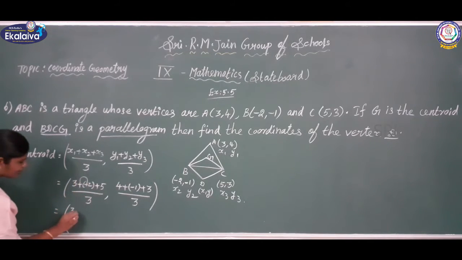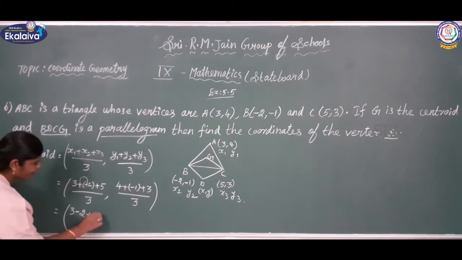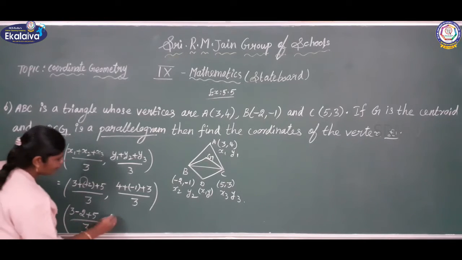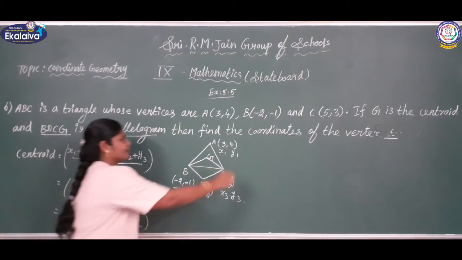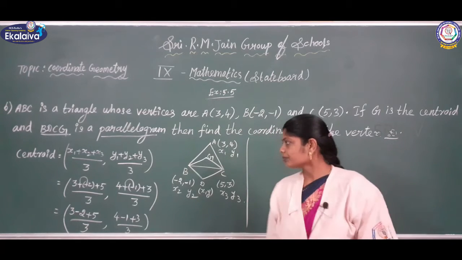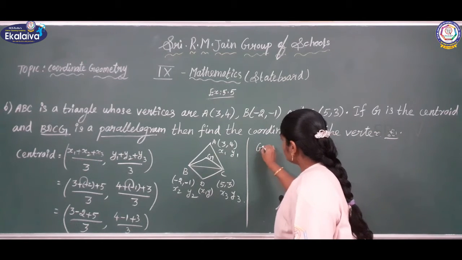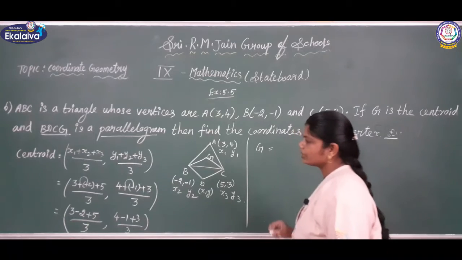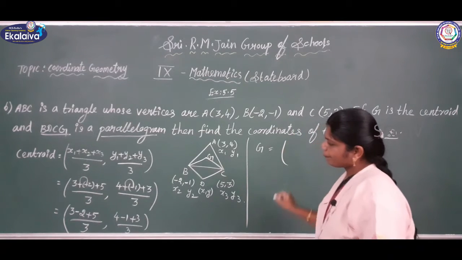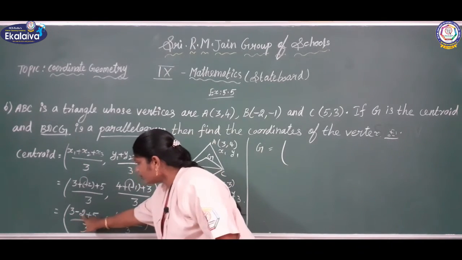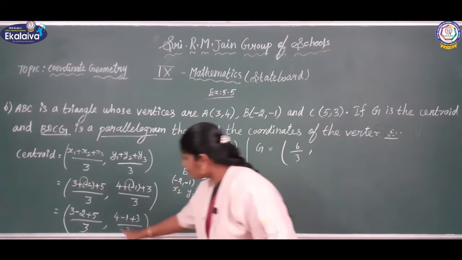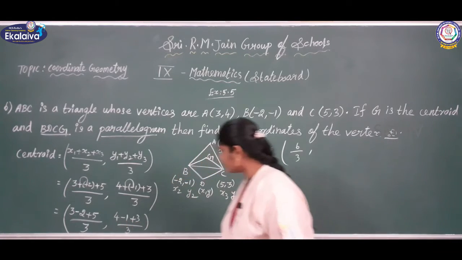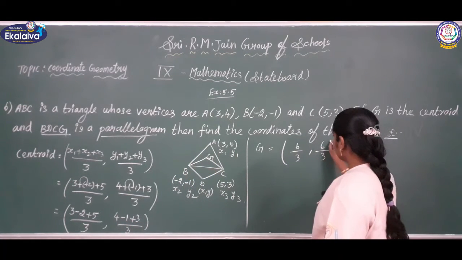3 plus into minus, minus 2 plus 5 divided by 3, comma, 4 plus into minus 1, minus 1 plus 3 by 3. So G equal to, centroid G equal to 3 minus 2, what you will get, children? 1 plus 5, 6. 6 by 3, comma, 4 minus 1, 3 plus 3, 6. 6 by 3.